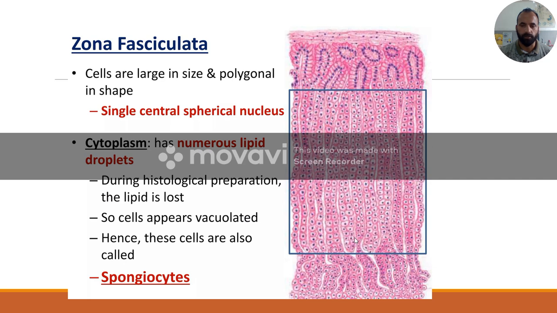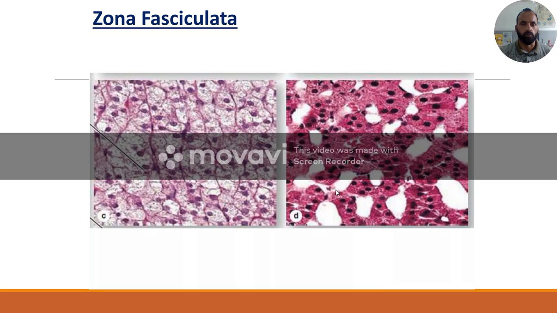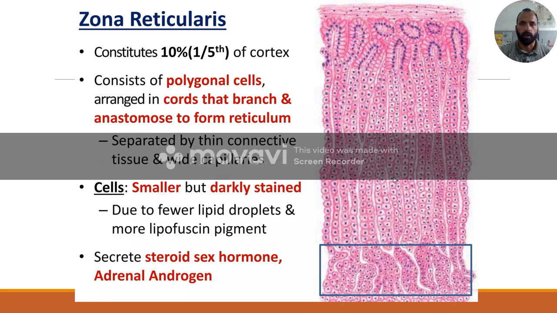These cells are called spongocytes. This is zona fasciculata; you see the white spongocytes here, and here also. Then zona reticularis.